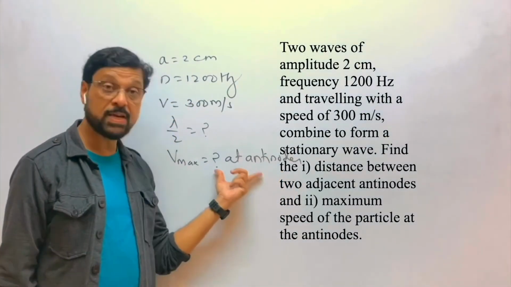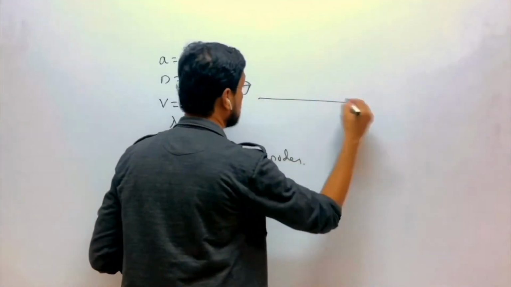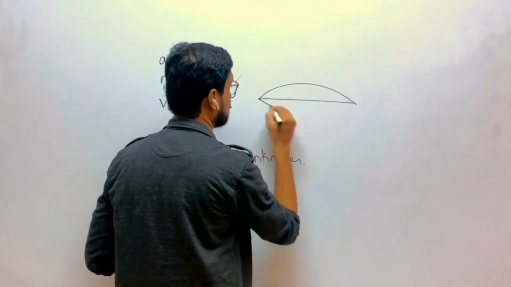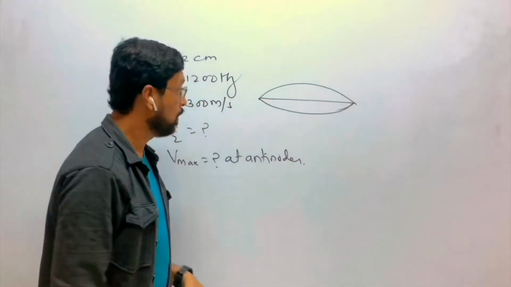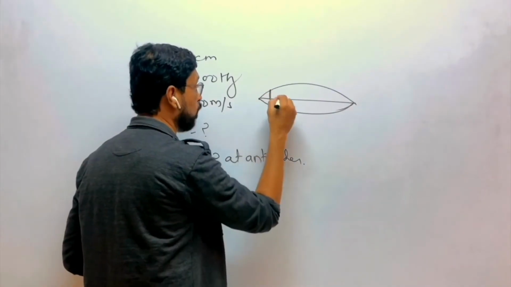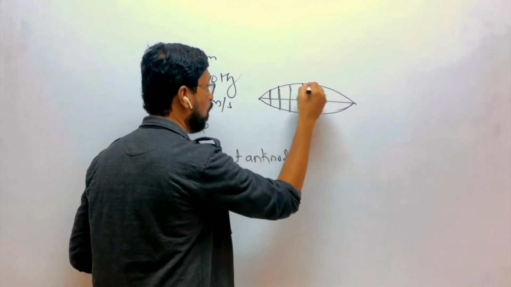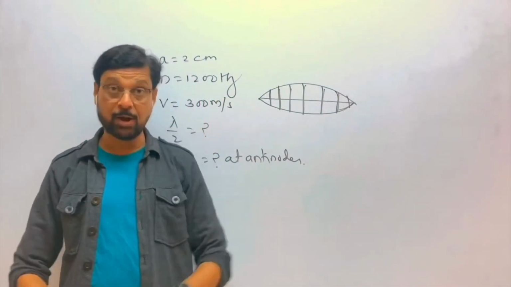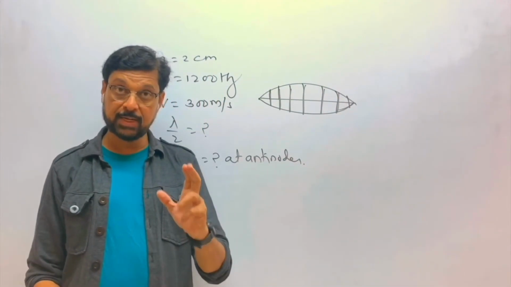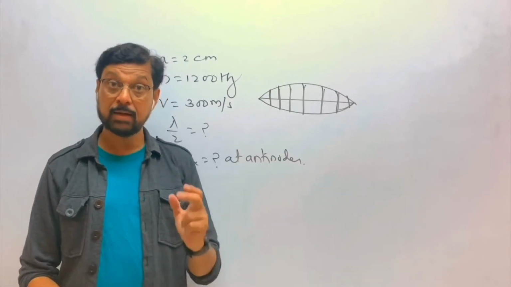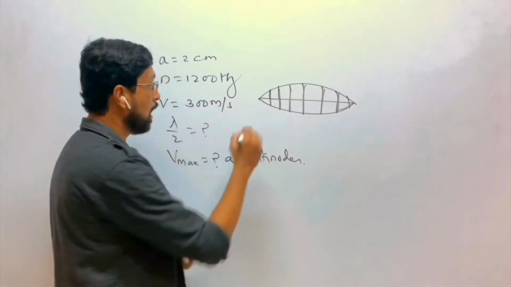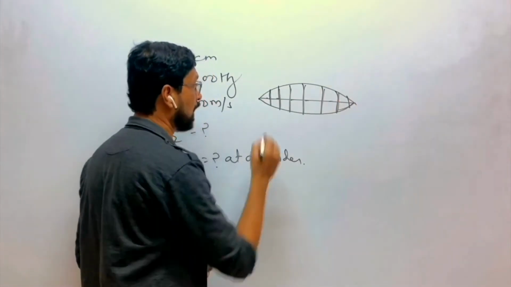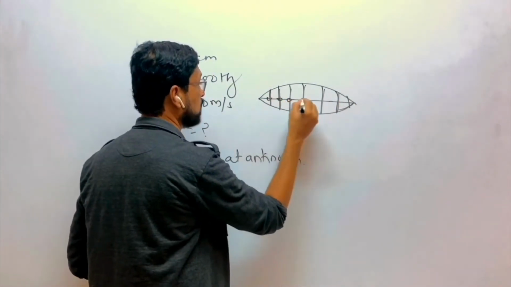What does this mean? If you consider a stationary wave, every particle is performing simple harmonic motion, and in simple harmonic motion the speed is maximum at the mean position. तो हर पार्टिकल का स्पीड मैक्सिमम कहां पर होगा? मीन पोजीशन पर.